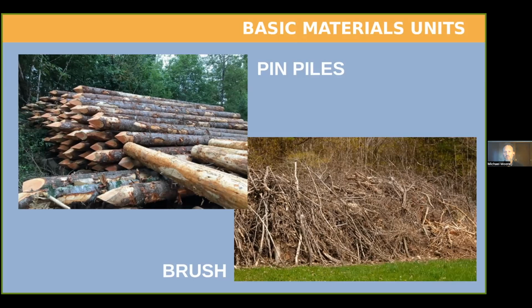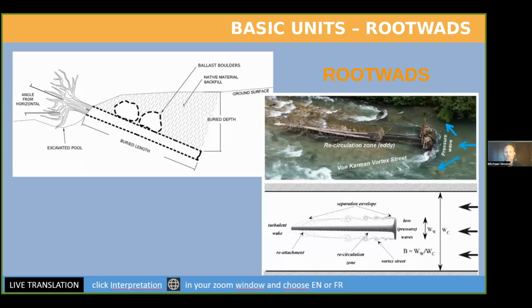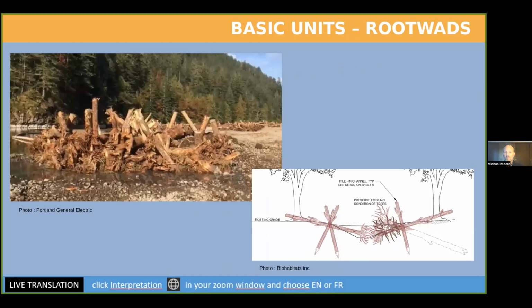And so real quickly, looking at some pictures of root wads and pin piles, just to give you a sense for how these are used, what they look like, some of the different ways that they can be implemented, the scales.